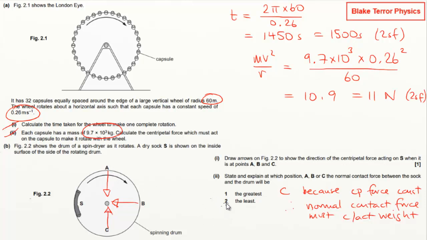If we're at A, it will be the least because the normal contact force just has to add to the weight. Contact force adds to weight for centripetal force. Yeah, run out of space, but there you go.